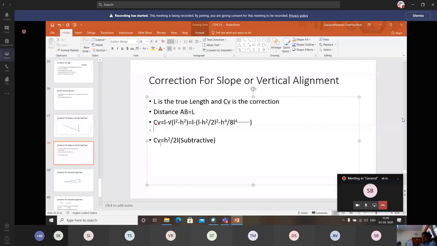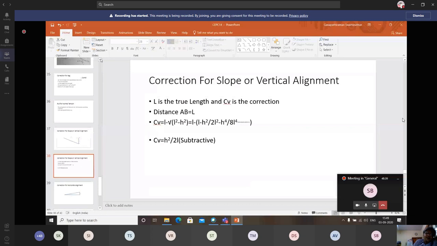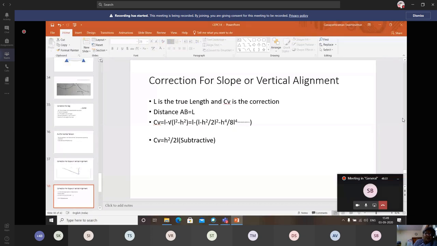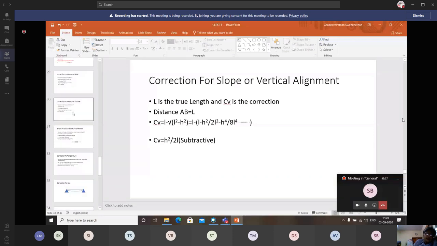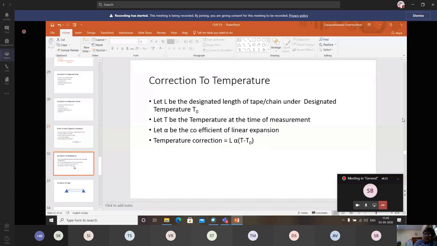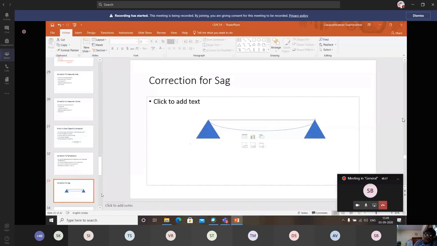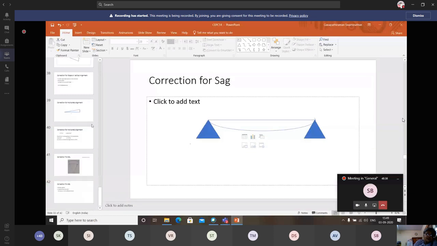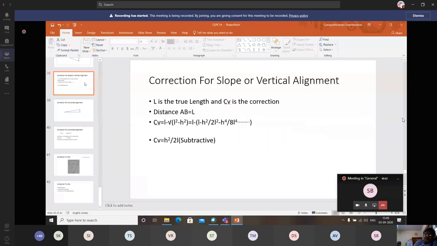So what you have learned today: correction for absolute length, correction for pull, correction for temperature, correction for sag, and correction for slope.